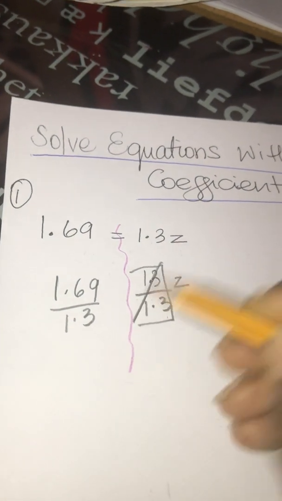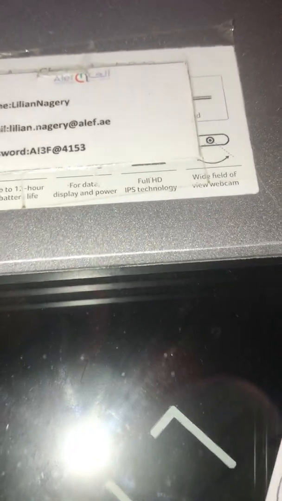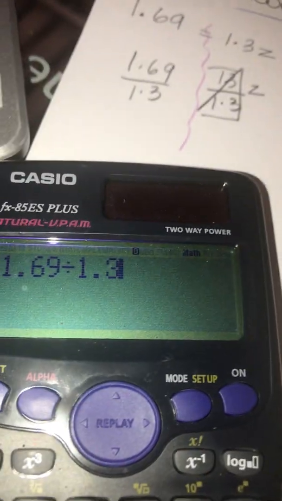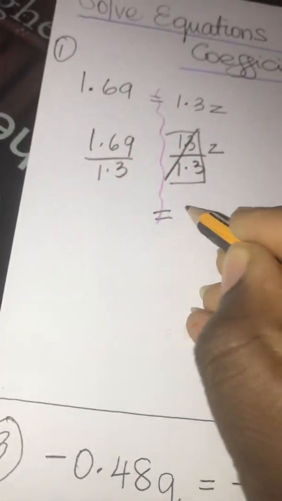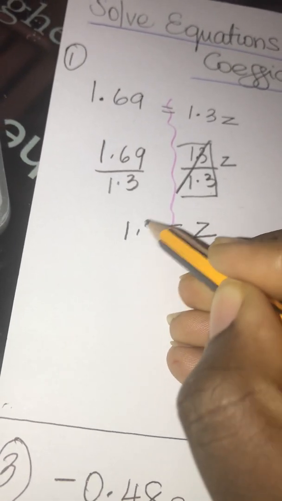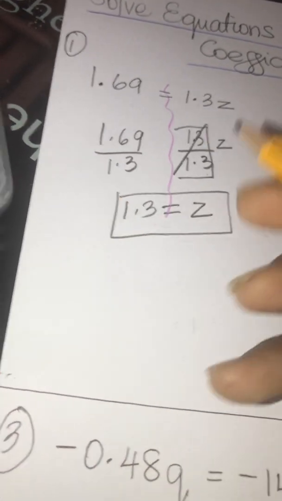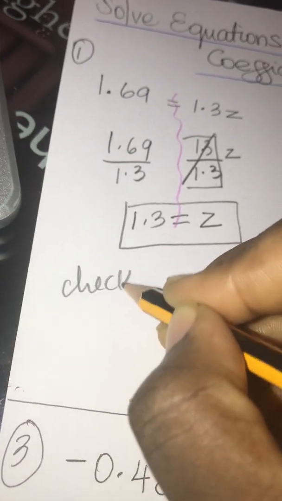This goes away. And then I do 1.69 divided by 1.3, and I get 1.3. So Z equals 1.3. That's the answer.